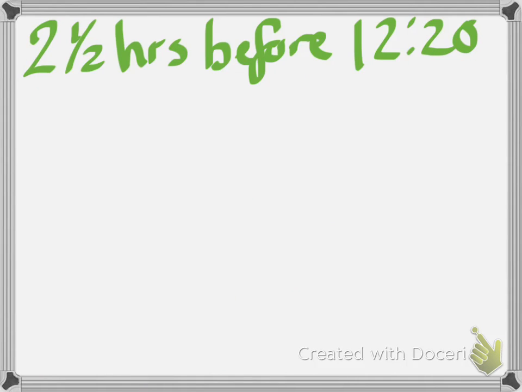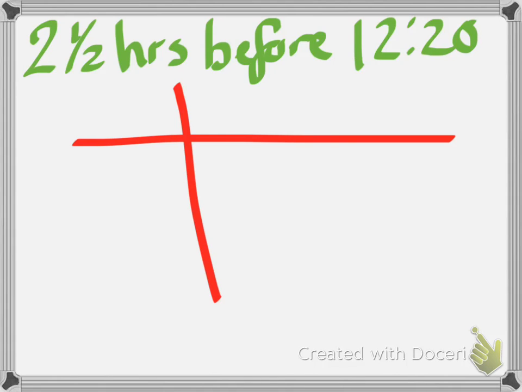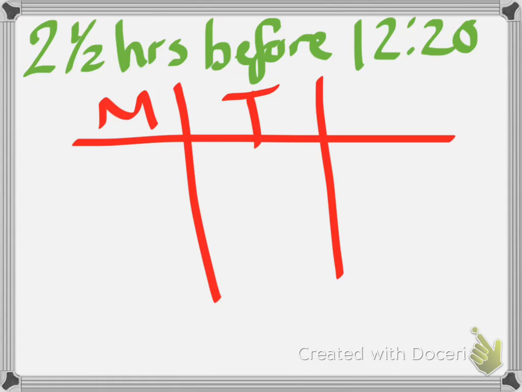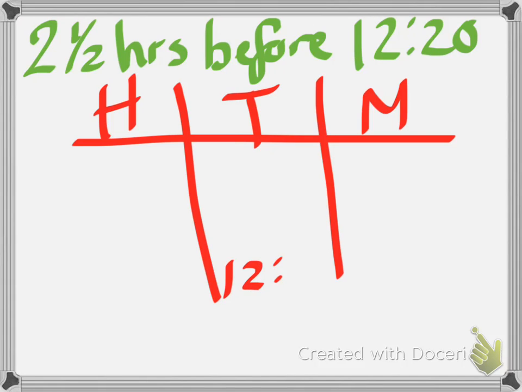Let's go ahead and do another one that's a little bit different. Okay, this time we're going to be working backwards, and we are going to be saying 2.5 hours before 12:20. We do our same graphic organizer, and we do what we know first. We don't know what our start time is, but we do know what our finish time is. And our finish time is 12:20.